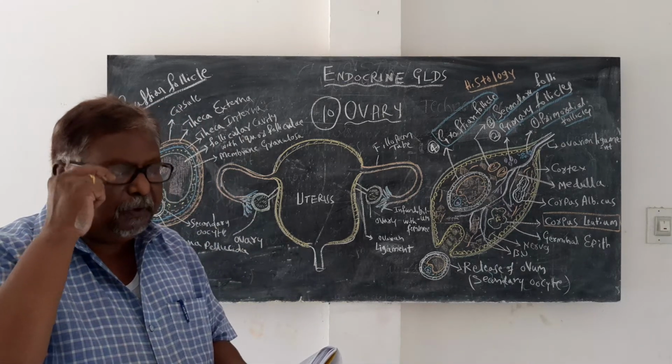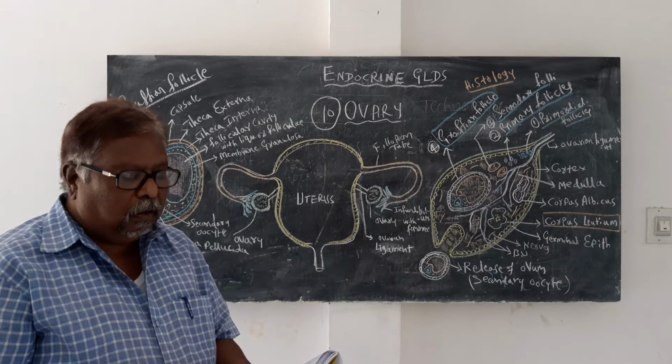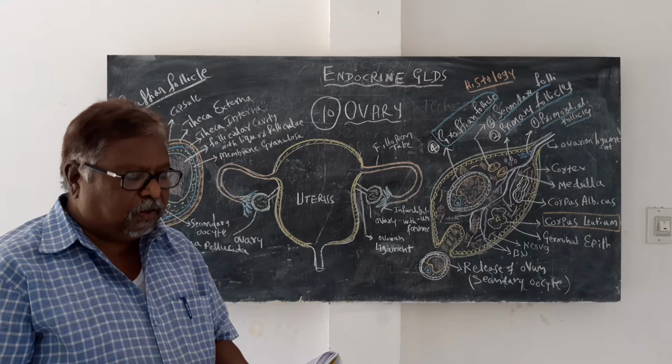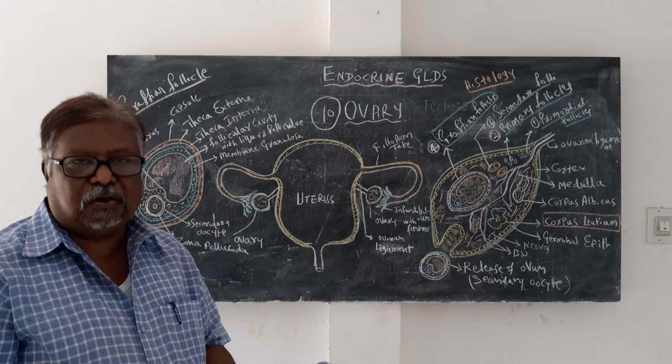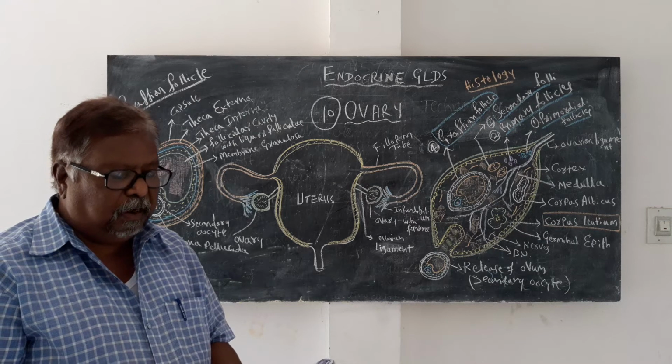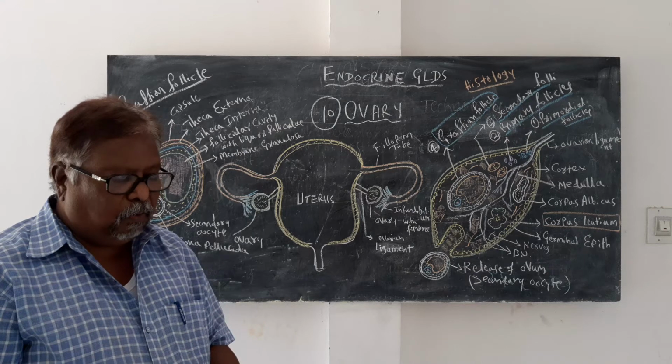So, by the repeated ovulation, the ovary surfaces become irregular and the color becomes greyish. It means that in young girls or women, they are pink in color, and in older women, they are greyish.